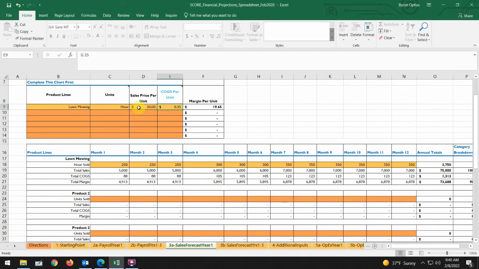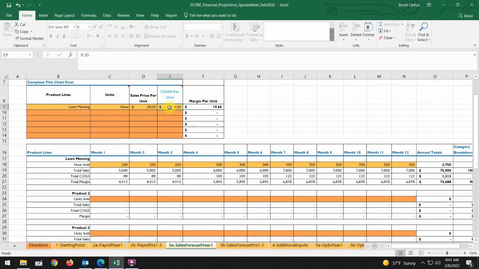Well, this could be a little bit confusing on a lawn mowing type of business, because you've got gasoline, you've got those types of things. But honestly, in this type of business, you could say that it's per unit or per hour, but we might just show that up when we get to the operating expenses as our supplies and whatnot. And I think that either way would be appropriate. The important thing here is don't double up.